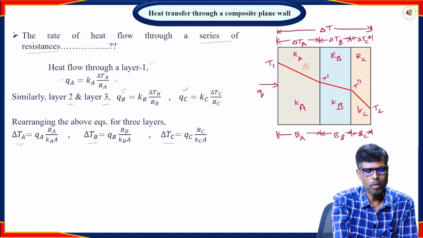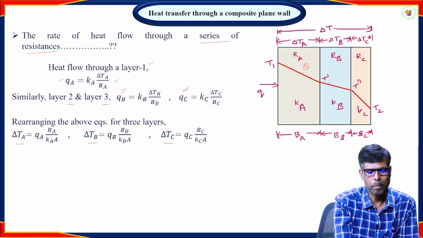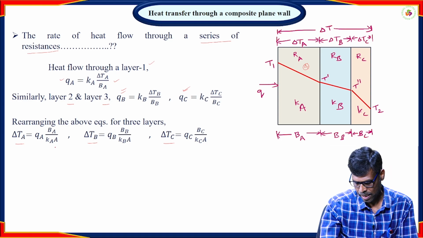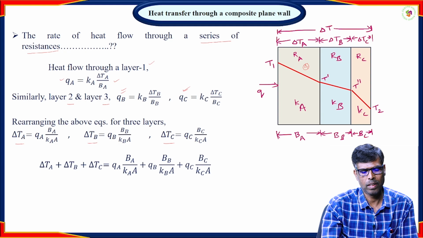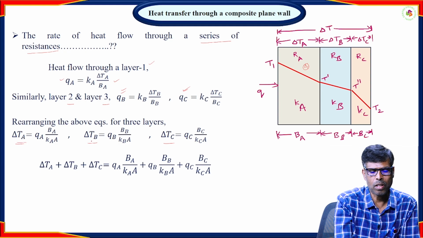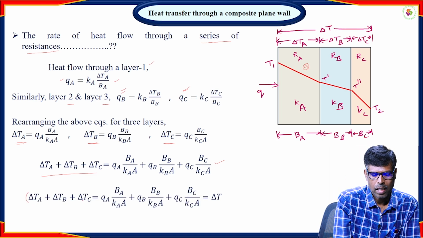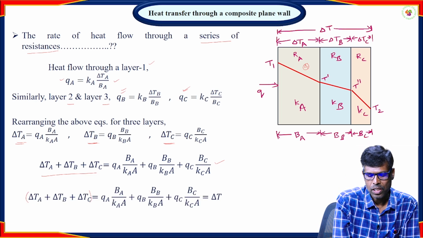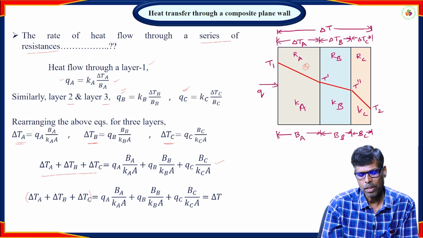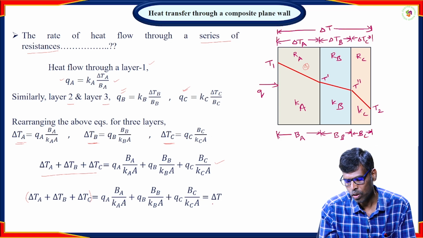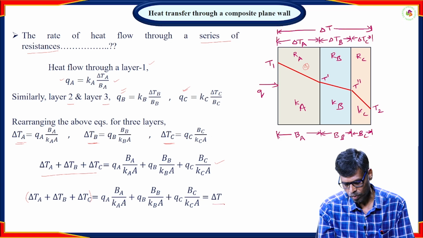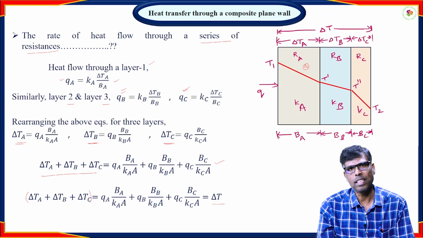The temperature drop for layer A is QA into BA by KA into A. The sum of these three temperature drops of these layers becomes this. We know that the sum of all the temperature drops is equal to delta T. We know that heat transfer is occurring through each layer.